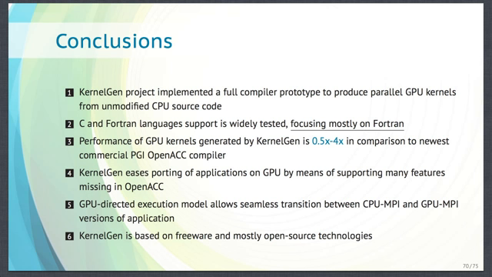And KernelGen tries to relax current OpenACC limitations and introduce some nice features. And we try to design our pipeline with existing MPI applications in mind. And finally, KernelGen is based on freeware and mostly open source technologies.